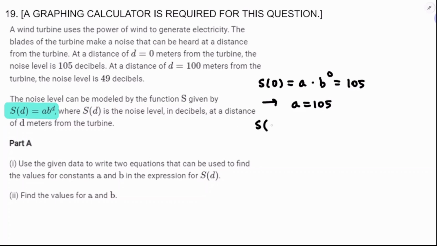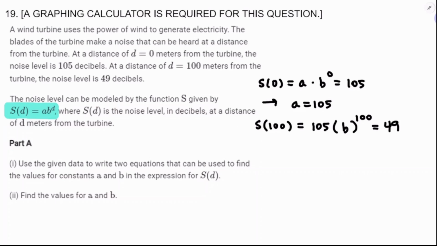Then S of 100, that's going to be A, which I now know is 105, times B to the 100. That's going to equal, what do we say? That's 49 decibels. I thought sound was a log growing thing. I'm just going to trust this.